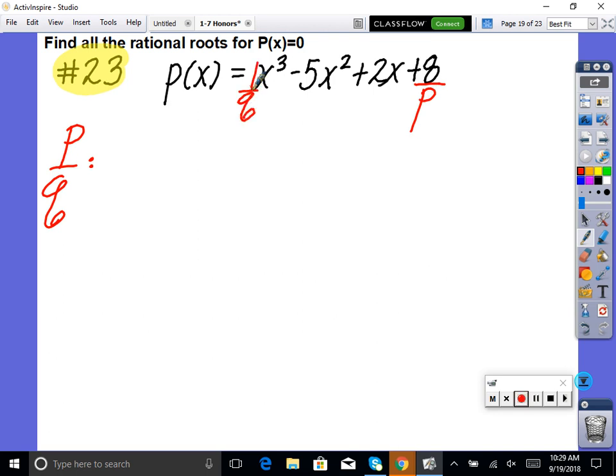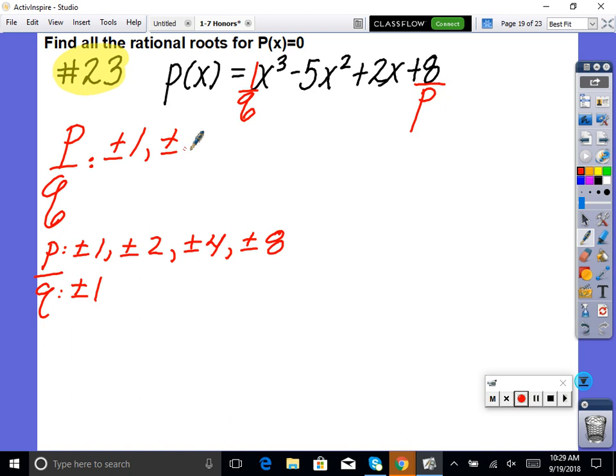That's good. That makes it really easy. So all the factors of p: plus or minus 1, plus or minus 2, plus or minus 4, plus or minus 8. Our q's, plus or minus 1. True? So all p's divided by q's will just be plus or minus 1, plus or minus 2, plus or minus 4, plus or minus 8. These are the possible rational roots.